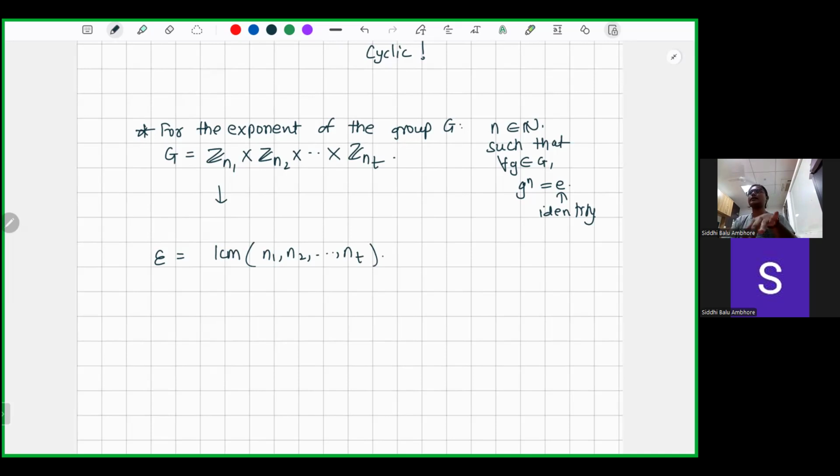You can keep this in mind and you can try to do as many examples as you can using this. So smallest n.